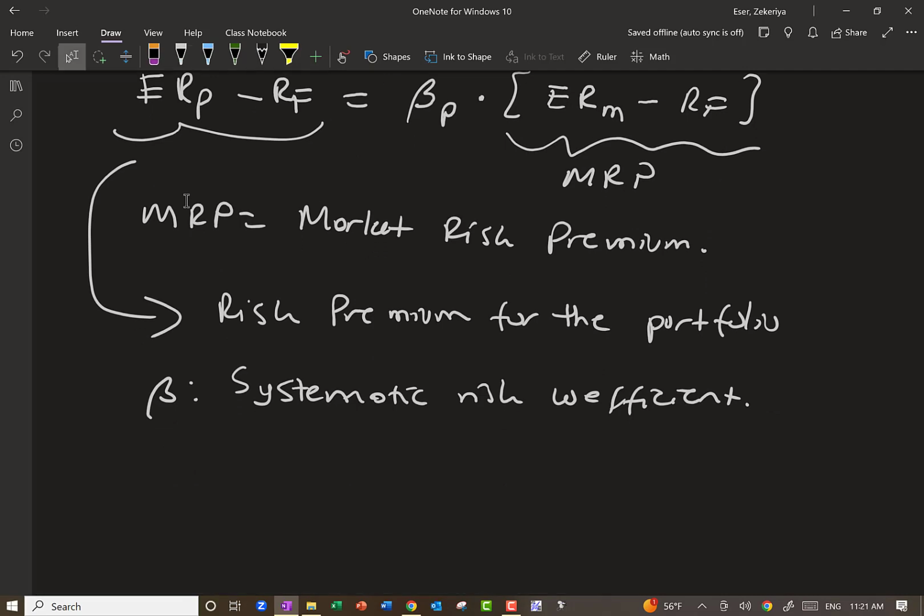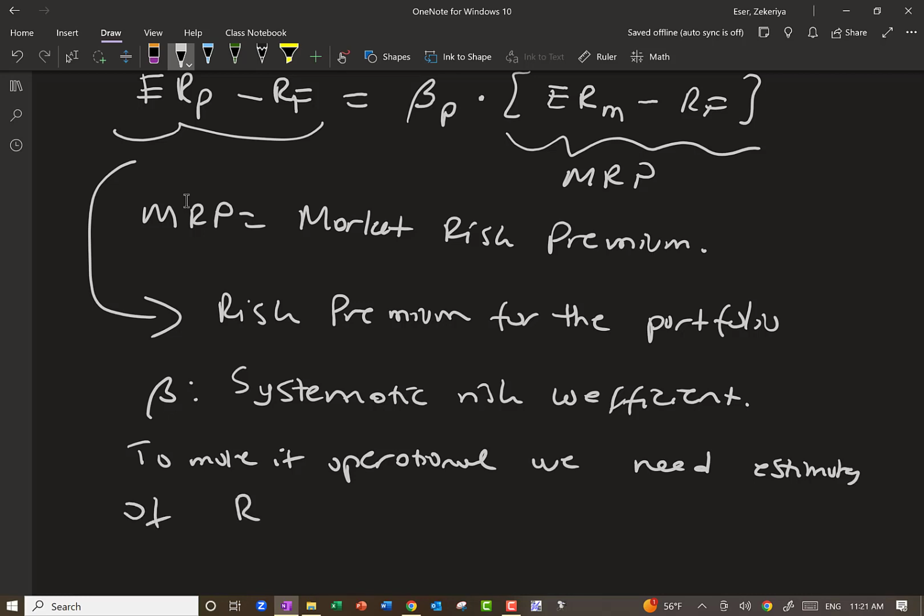Now, this is a nice little formula, but to make it operational, we need estimates of RF, which is the risk-free rate. The CAPM model is, technically speaking, a kind of timeless model.